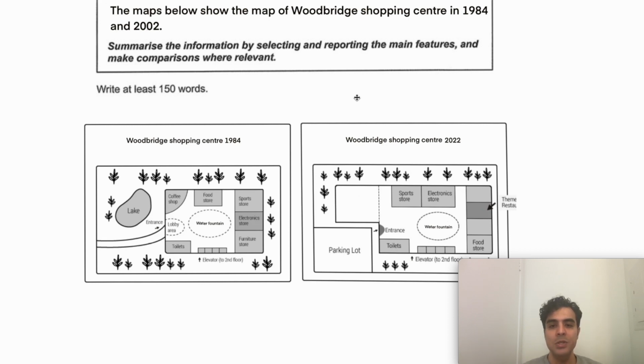The lake was removed, the shopping center was expanded, a parking lot was built, the water fountain remained the same, an electronics store opened, there's a theme restaurant. We make a list of all the changes. We have 10. What are we going to do? Easy. We put 5 of them in the first paragraph, and we put the other 5 in the second paragraph.